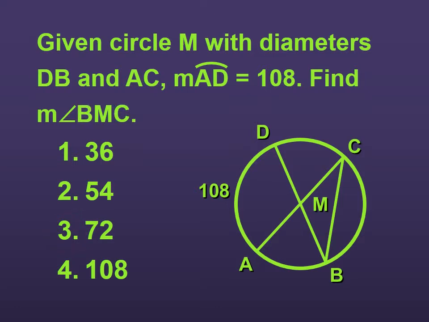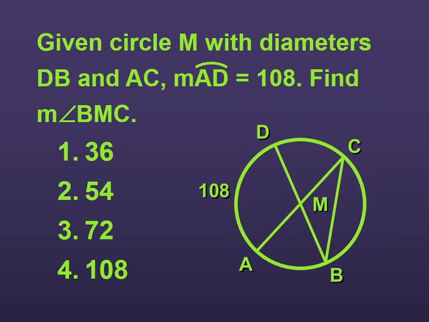Next question. I would like you to go ahead and pause the video and figure out if you can get the correct answer. All right, so it looks like we're trying to find the measure of central angle BMC, which is the same as the arc CB.